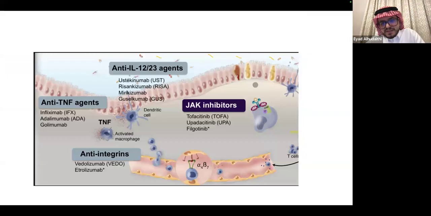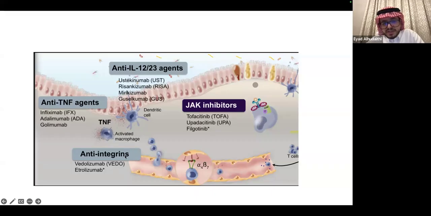So this is a cartoonic summary of the other mechanisms. We have already spoken about the anti-TNF agents. We have the anti-interleukin 12 and 23, and the most used one is ustekinumab, and risankizumab is used now, especially for those with psoriasis.